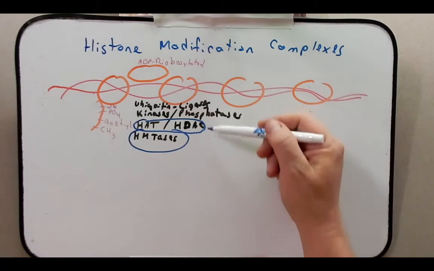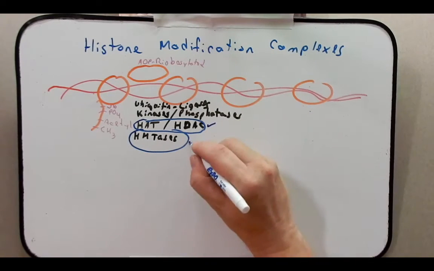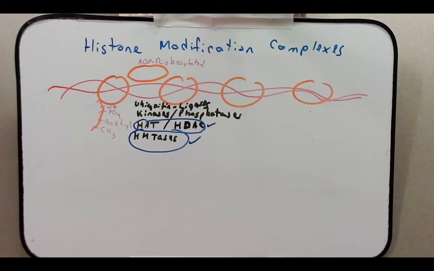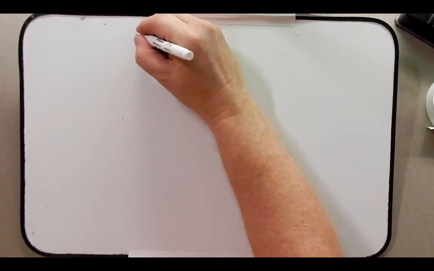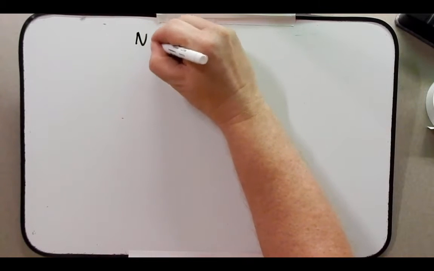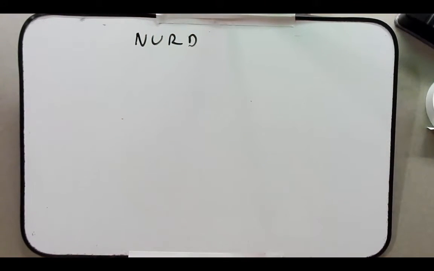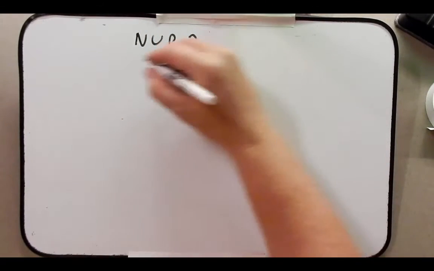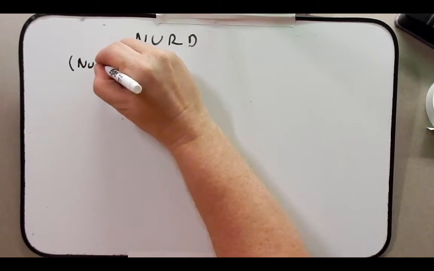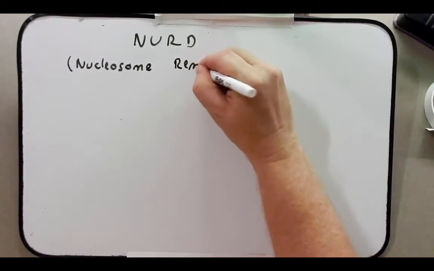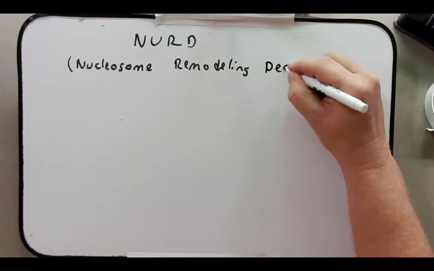The others work in complexes too, but we know a little bit more about these two, so we're going to talk about histone acetyltransferases and histone methyltransferases. The first complex I want to talk about is this complex that we've talked about in the past called NuRD. NuRD stands for nucleosome remodeling deacetylase.